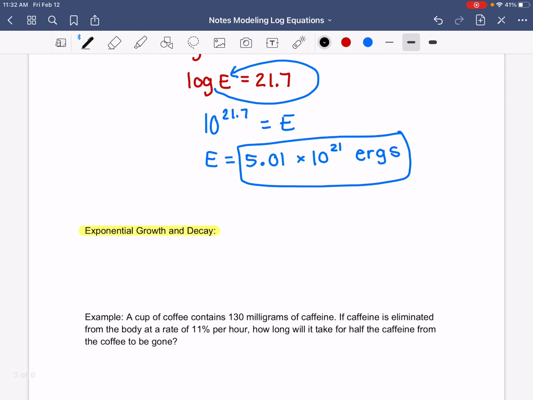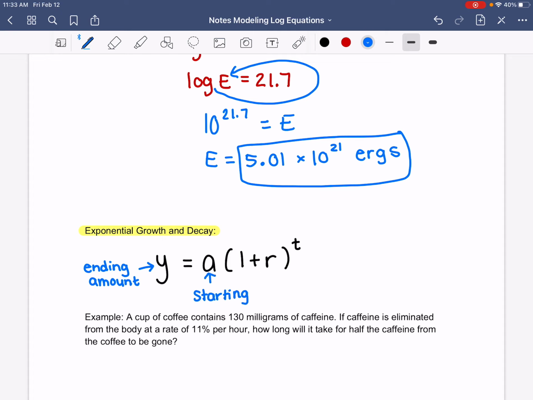The exponential growth and decay looks like y equals a parentheses 1 plus r to the power of t, where y represents your ending amount, a is your starting amount, r is your rate, and you want to make sure it's a decimal, and then t is just your time.